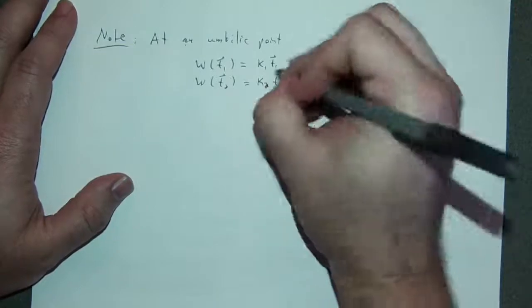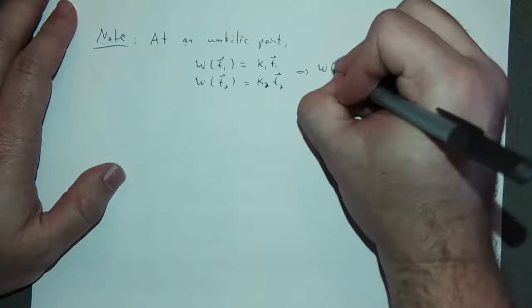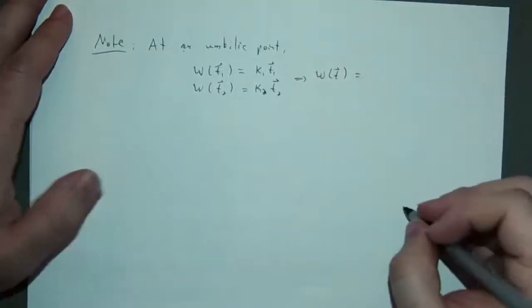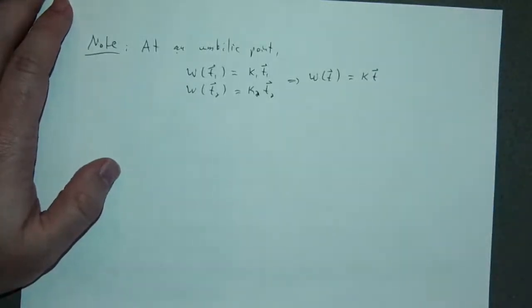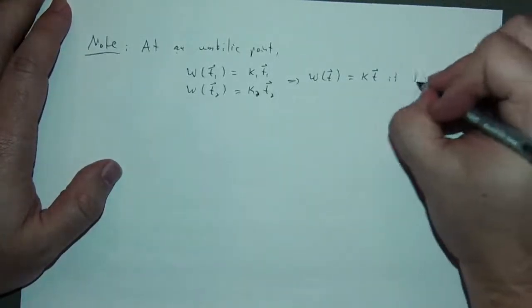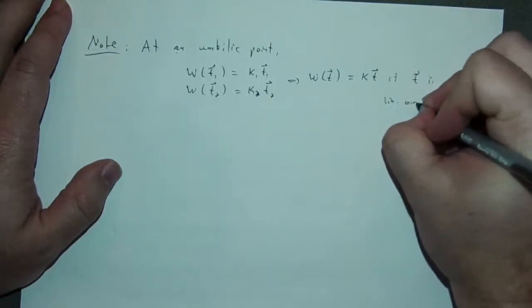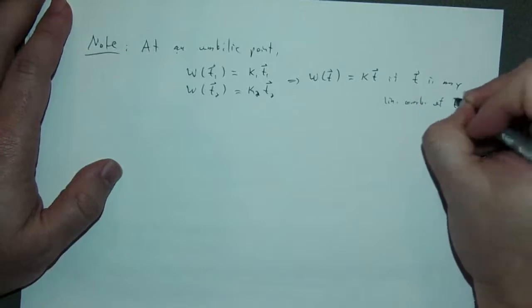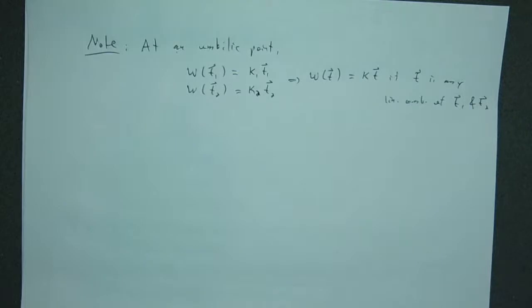But kappa sub 1 and kappa sub 2 are actually the same thing. So this implies that W of T is equal to kappa of T if T is any linear combination of T1 and T2. But T1 and T2 form a basis for the tangent plane there.